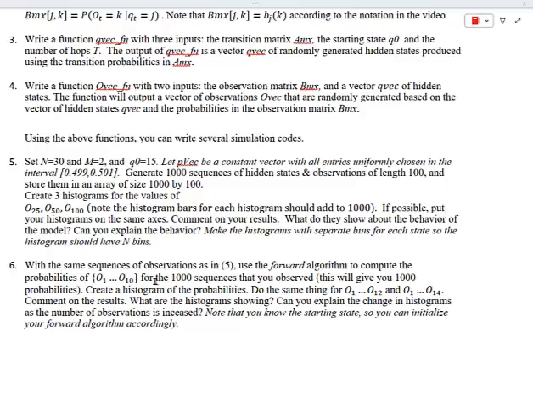Now, these probabilities are going to be very small because there are many, many possibilities for one sequence of O1 through O10. Right? So these probabilities are going to be very small, but you can still create a histogram. Now, in this case, these probabilities are not going to be integers. They're going to be real numbers. But you should expect some very small real numbers. And it'll be interesting to look at this histogram of probabilities.